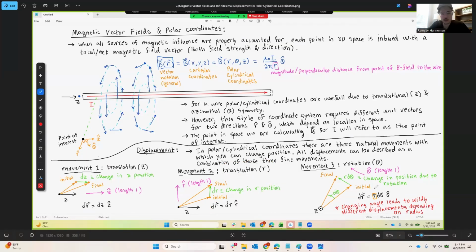But because theta is a rotation, like we talked about, you have to account for how far away you are from the coordinate center when you pass through that angle. So a small displacement in the theta direction is really equal to r times the change in angle, and then theta hat just orients you.